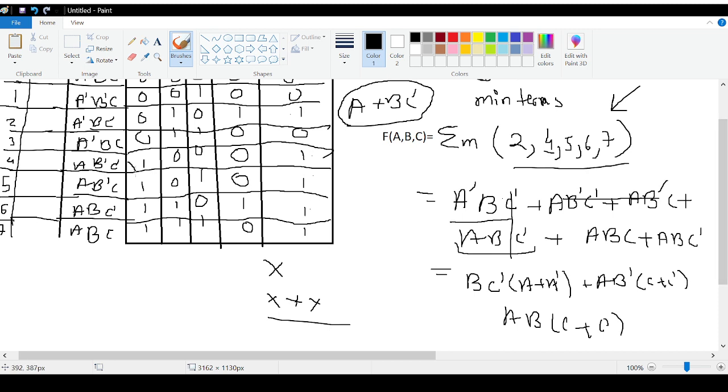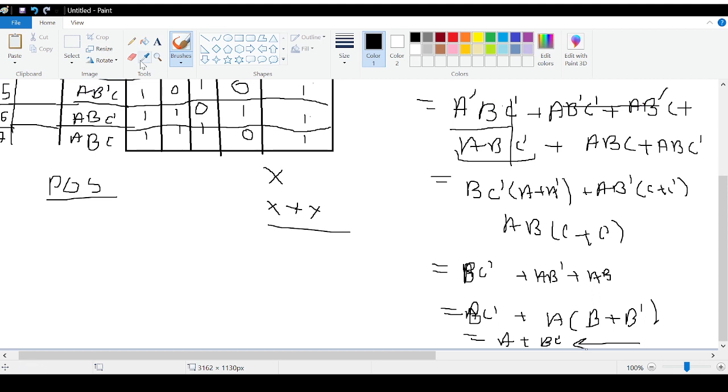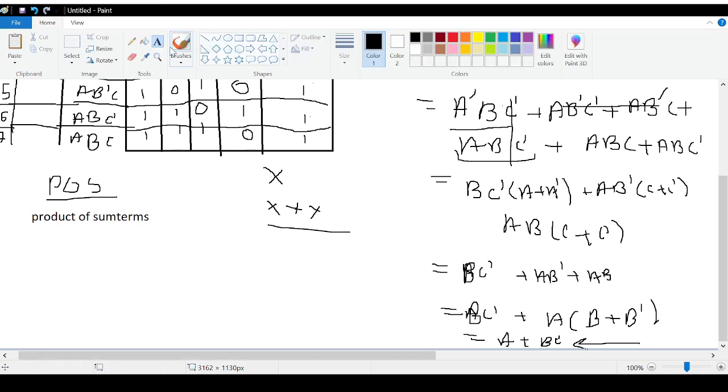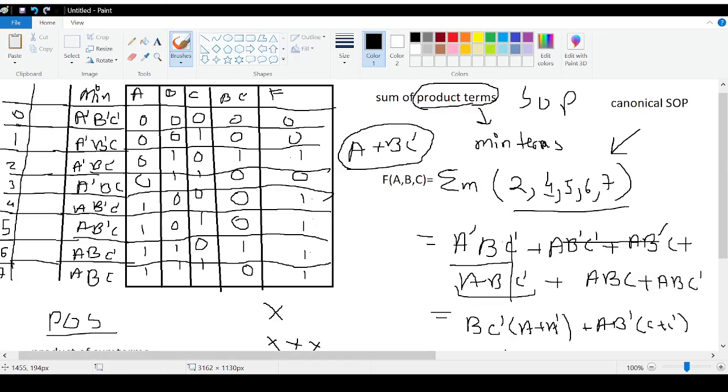Okay, so POS means product of sum terms. For sum terms there is another synonym. For product terms it was min terms.